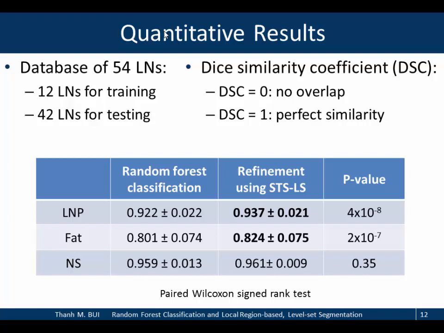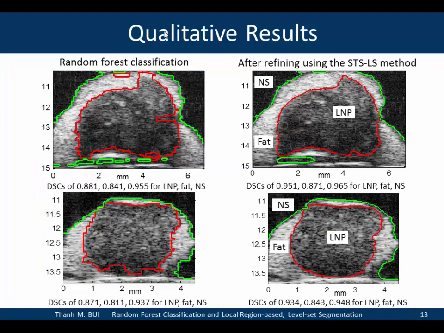You see here that by using random forest classification, we already acquire a high score. But more importantly, after refining the result with the level set method, a significantly better score was obtained. Why? Because as I presented before, using the level set method we can correct some misclassification, like in this image, and also smooth the boundary and correct some misclassification at the bottom.